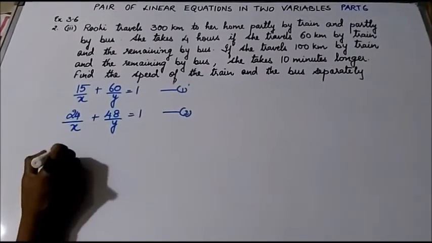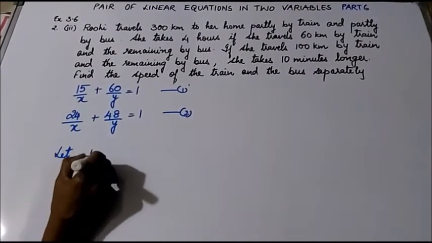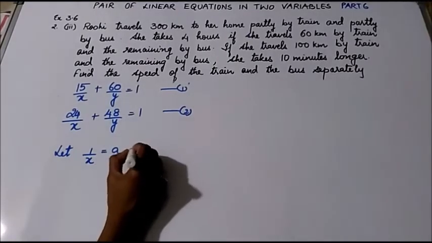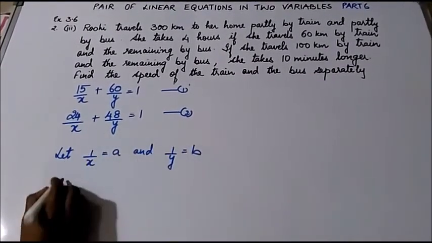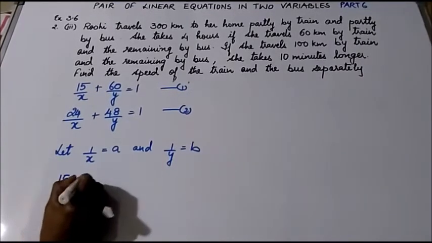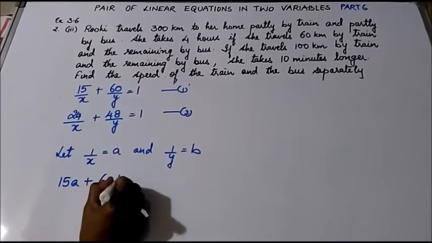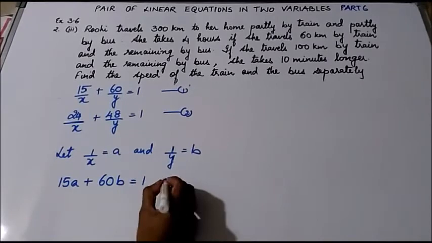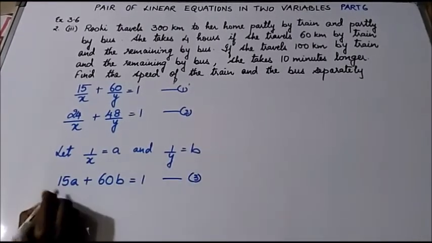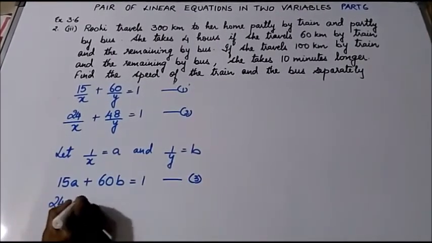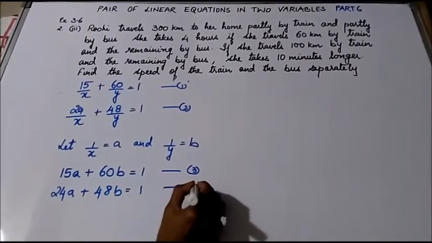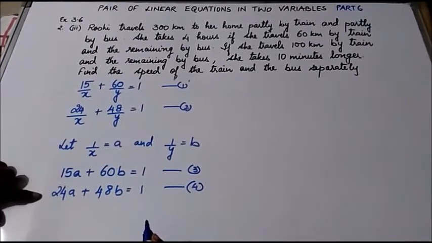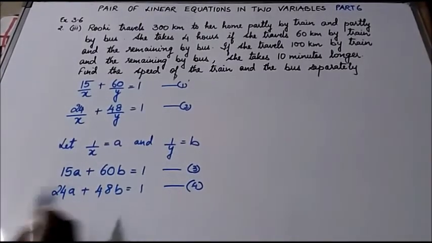How do we do this? Let 1 by x equal a and 1 by y equal b. What do we get here? We get 15a plus 60b is equal to 1. This is your equation 3. 24a plus 48b is equal to 1. This is equation 4. Now you see equations 3 and 4 are linear equations in variables a and b.